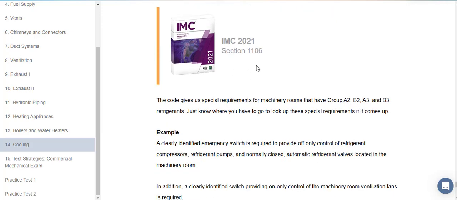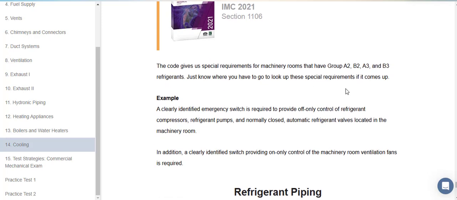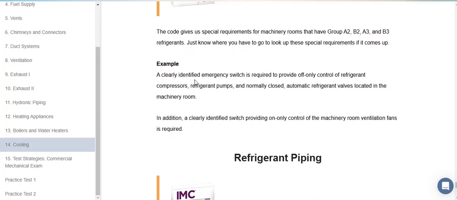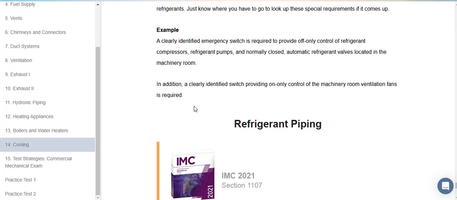International Mechanical Code 2021 Section 1106. The code gives us special requirements for machinery rooms that have group A2, B2, A3 and B3 refrigerants. Just know where you have to go to look up these special requirements if it comes up. For example, a clearly identified emergency switch is required to provide on-only control of refrigerant compressors, refrigerant pumps and normally closed automatic refrigerant valves located in the machinery room.